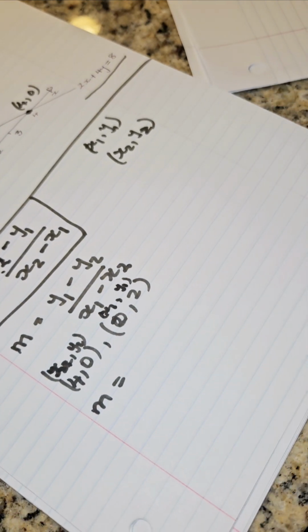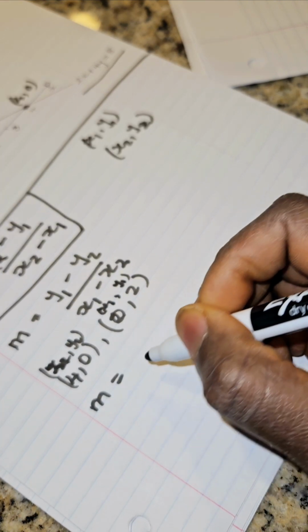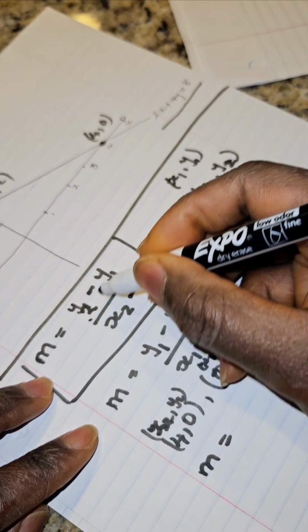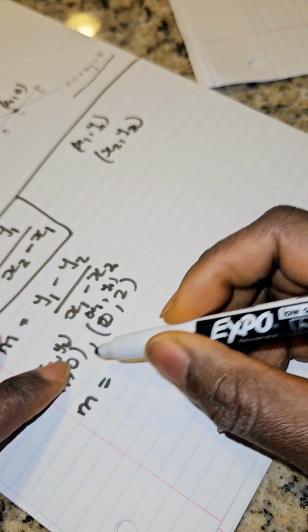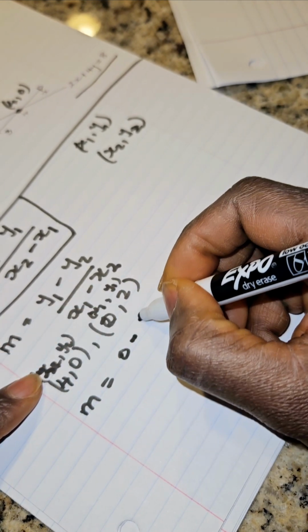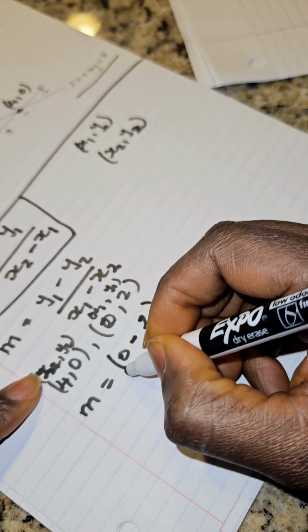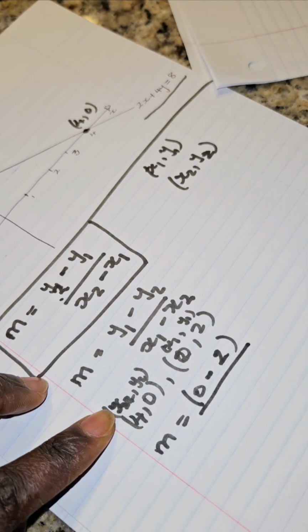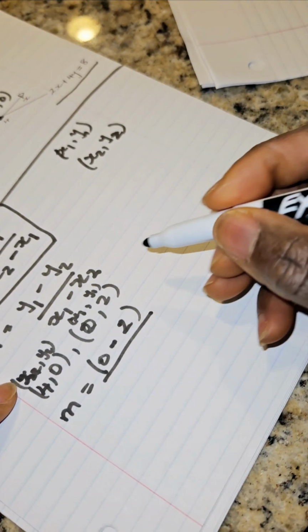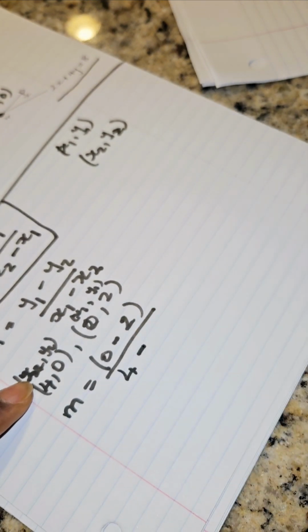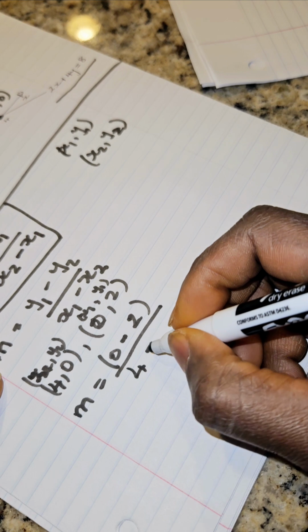So now I'm going to do y2 minus y1. Remember, this is our formula. y2 is 0, minus y1, which is 2, all over x2 minus x1. x2 is 4 minus x1, which is 0.